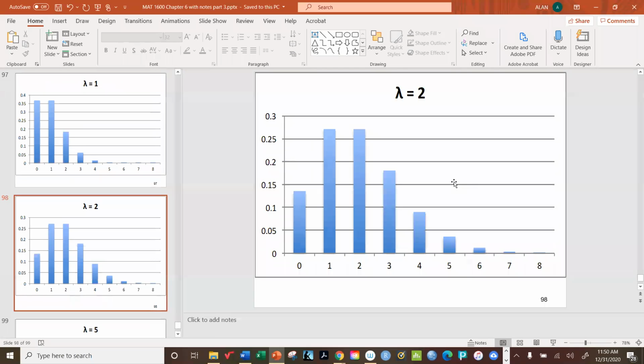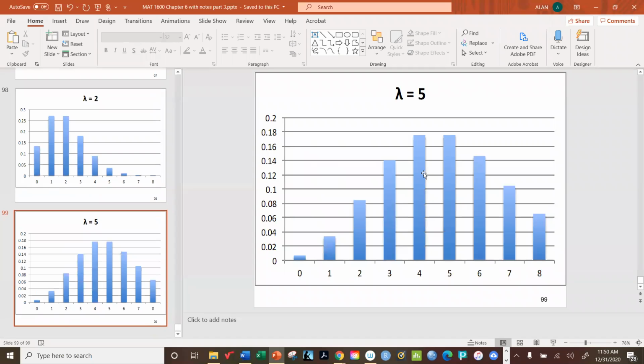How about lambda equals 2? Again, you see these 2 have the same probability. Then we sort of have the same falling off pattern, but it occurs a little bit further to the right. And then when lambda equals 5, we have something that's much more symmetrical. Again, we have these 2 values with the same probabilities, but there's a more even distribution on either side of these 2 than you got with lambda equals 2 and 1.